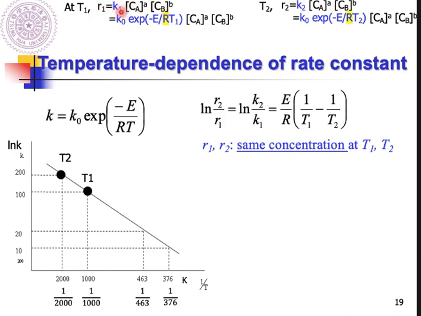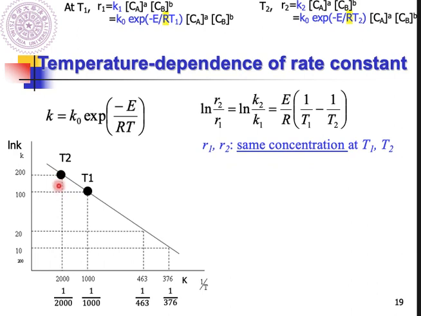So it is proportional to k2. Directly divide this term by this term and take the log, and you get this result. If you look at this carefully, log R2 minus log R1 is this distance, right?